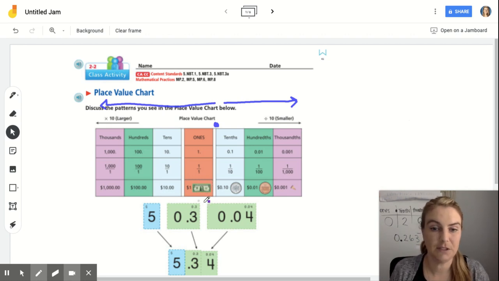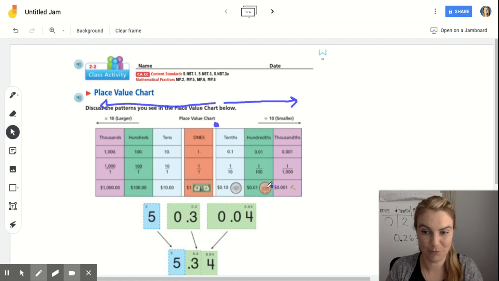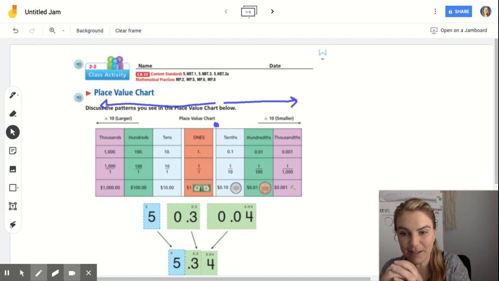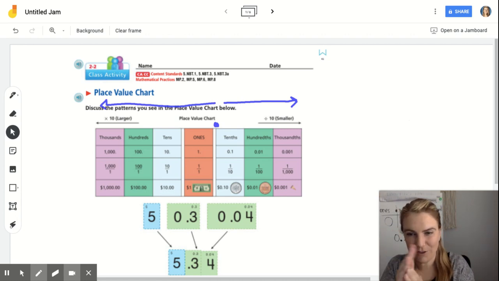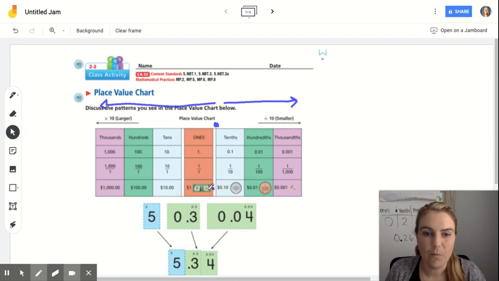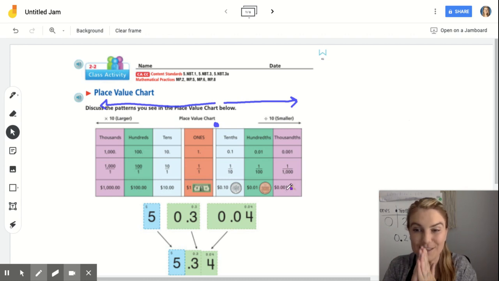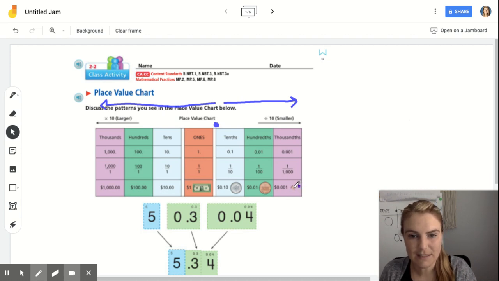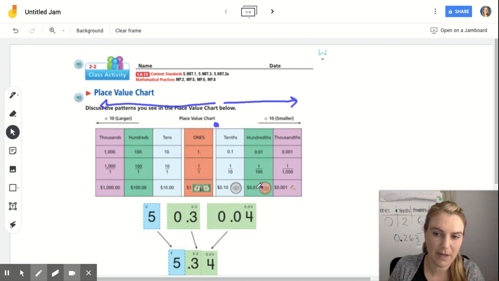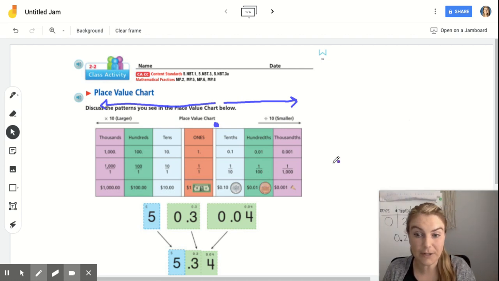We'd exchange it for 100 pennies, and you would take each penny and saw it into 10 pieces. Each piece would represent 1/1,000th of a dollar, and it would take 10 of these pieces of a penny to build back up, going the other direction, to a penny. Okay, so that's the chart.